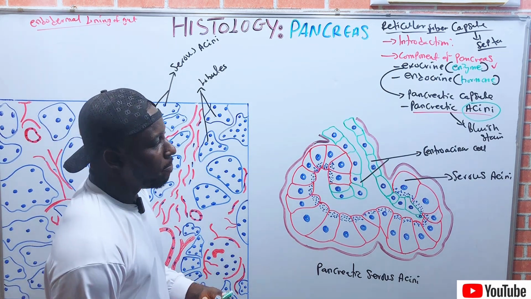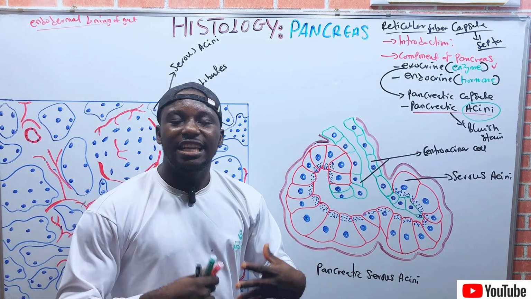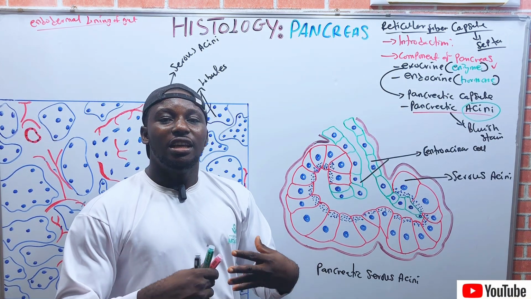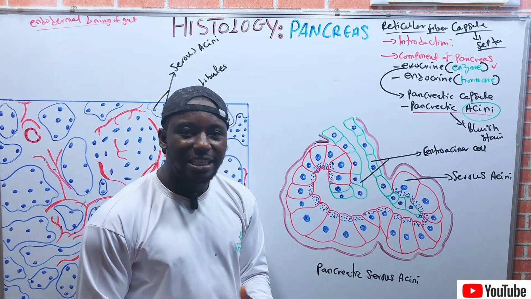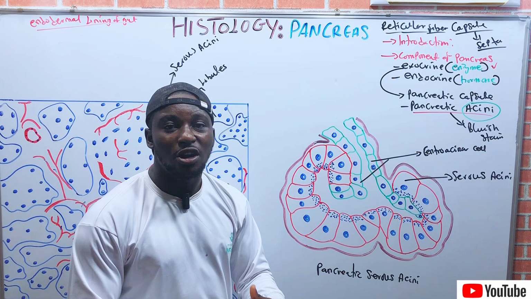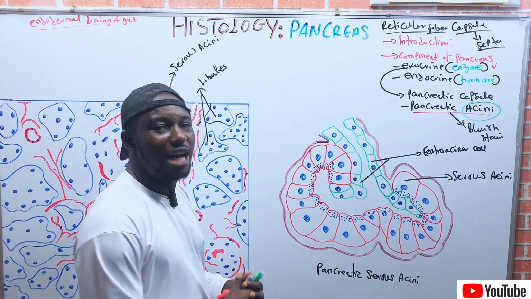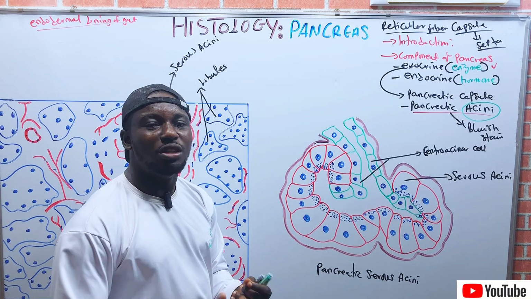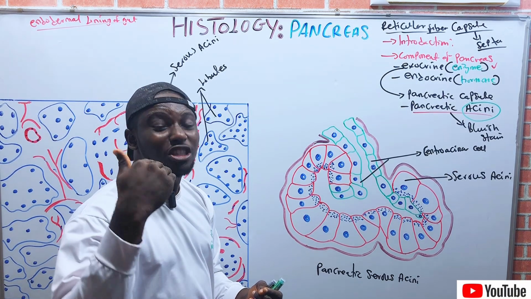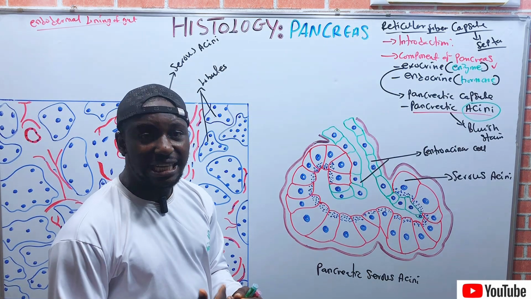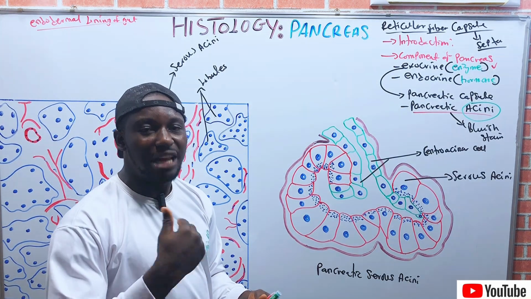right? Now, there exists what we call the pancreatic islet cell or the islet of Langerhans on this diagram. I'm going to denote it. As we proceed, we are going to be discussing the histologic features of the pancreatic islet or the islet of Langerhans.